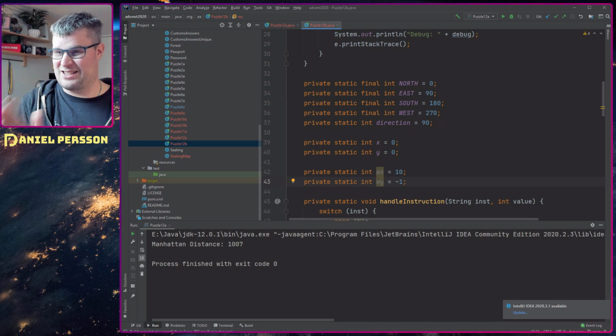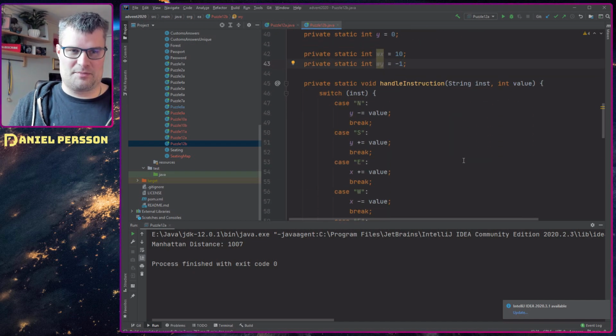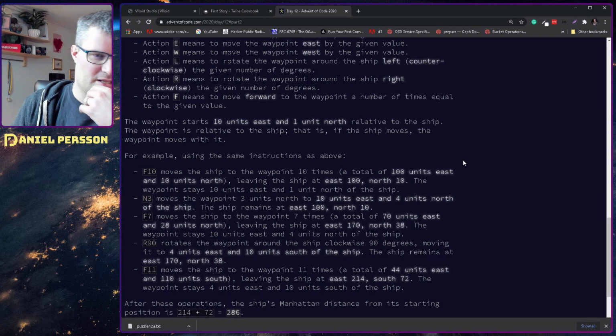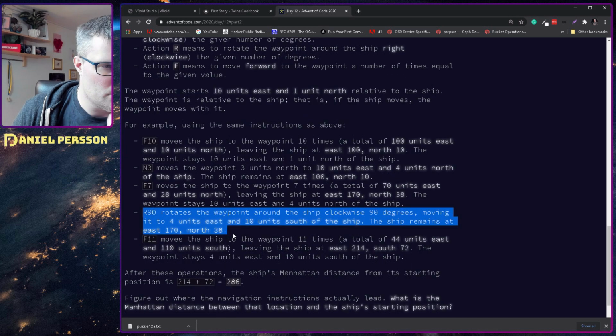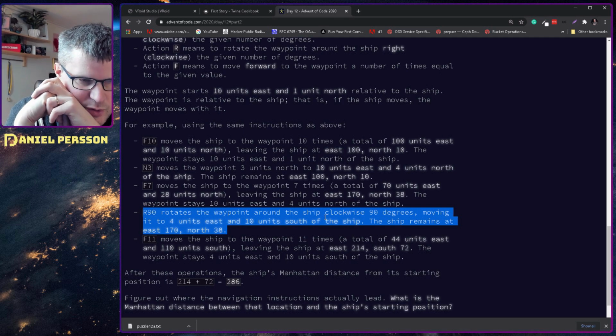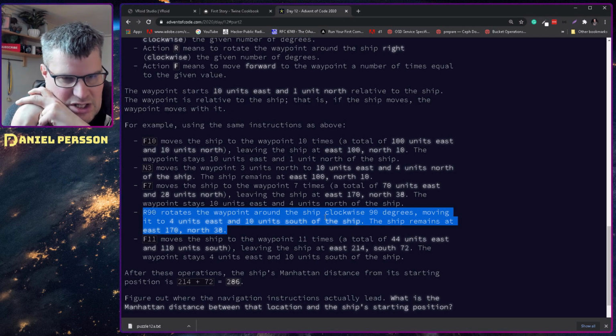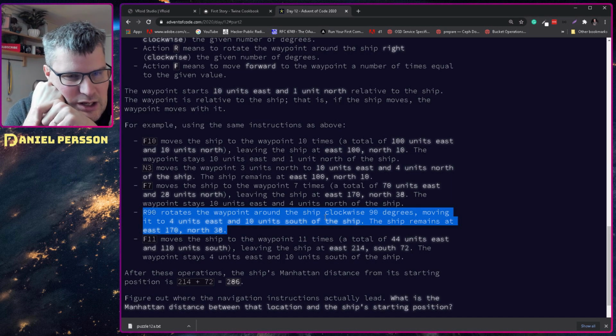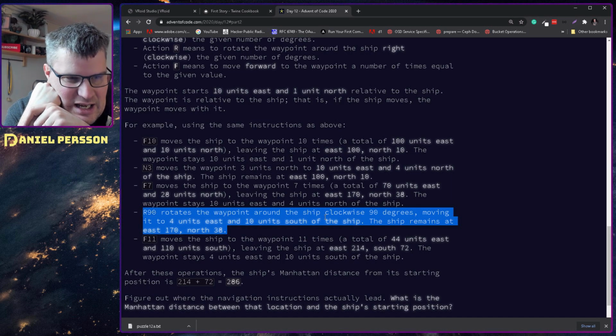I don't think it really matters, but just to make it simple for ourselves, we are still rotating. So the rotate moves the waypoint around the ship 90 degrees, moving to 4 units east and 10 units south.